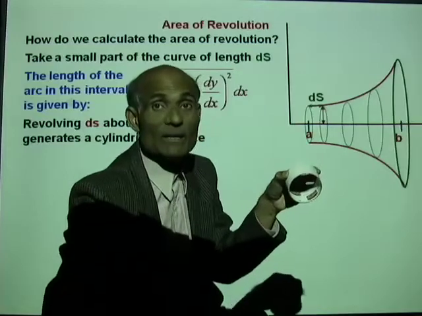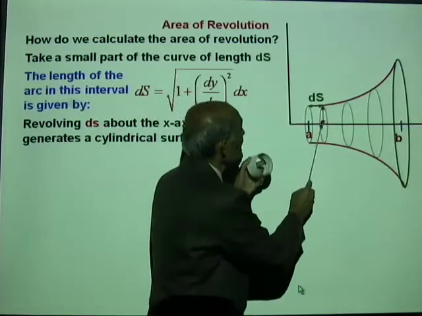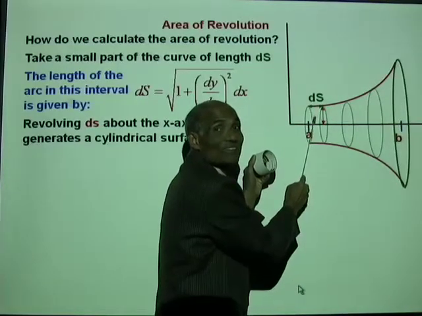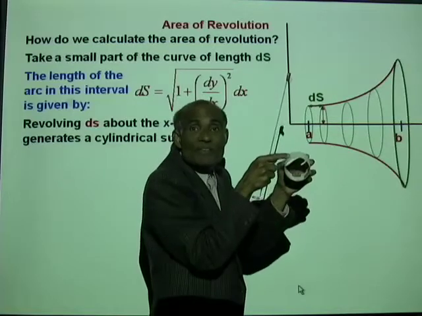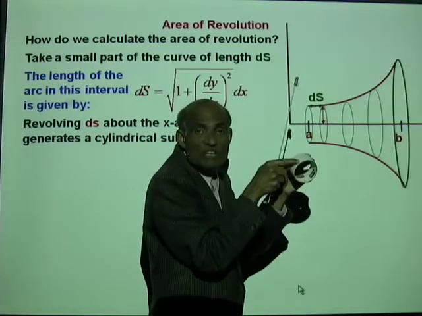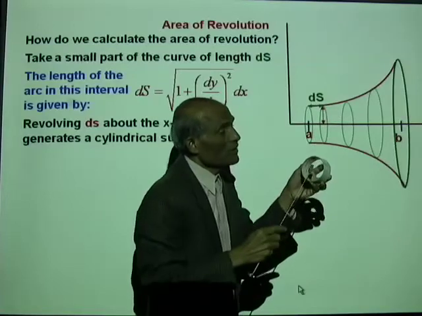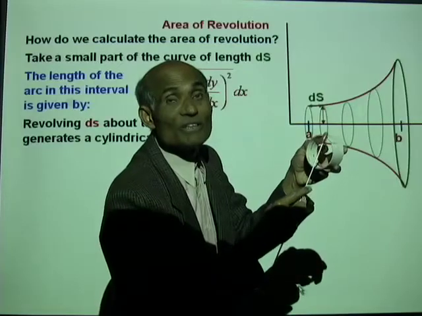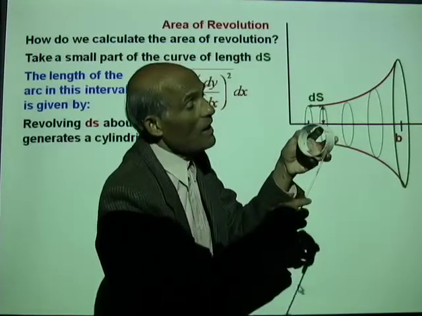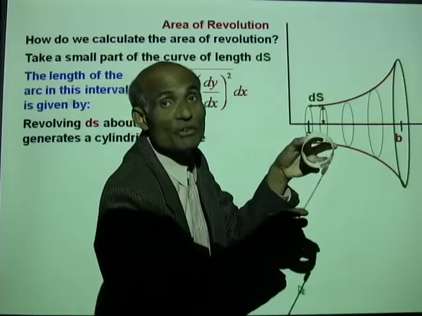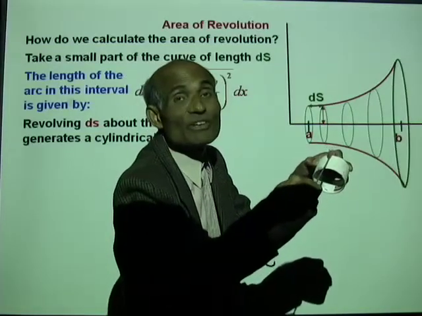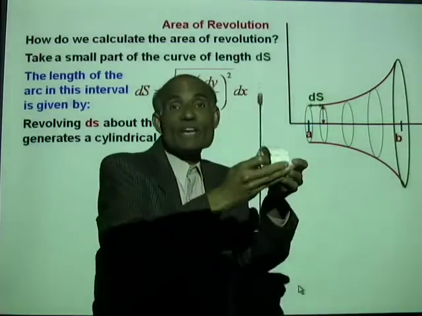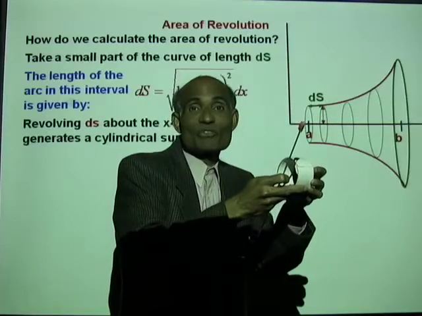So 2 pi r multiplied by that length will give you the area. Now here, what is the radius? If you look here, the radius of that ds is this length, which is f of x. And the thickness of the cylinder is ds. So if the radius is r of x, a function of x, then 2 pi r of x is the circumference, multiplied by ds, will give you the area of this cylindrical surface.